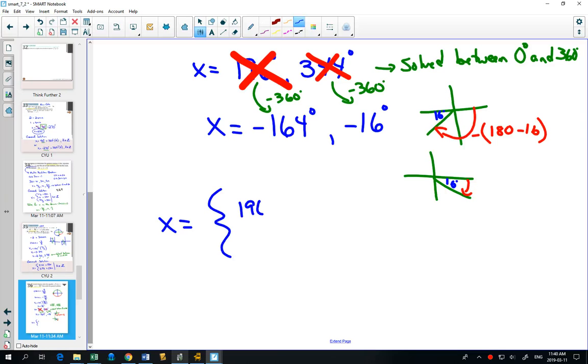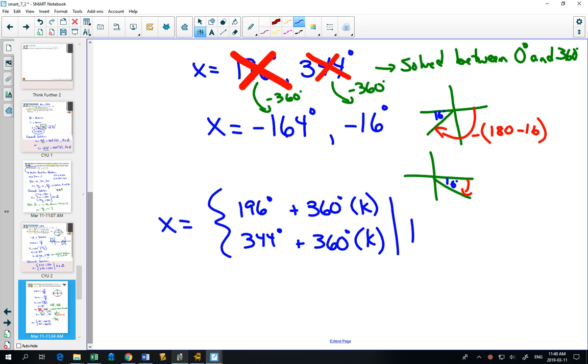So that's 196 and 344. Then add 360 degrees times k, where k is an element of the integers. So there is our general solution.